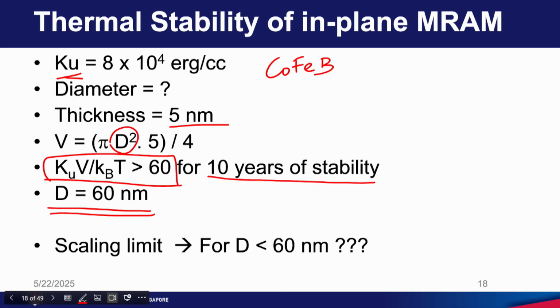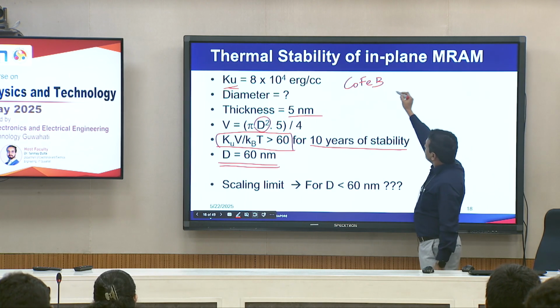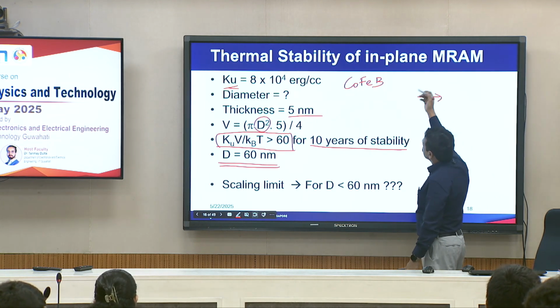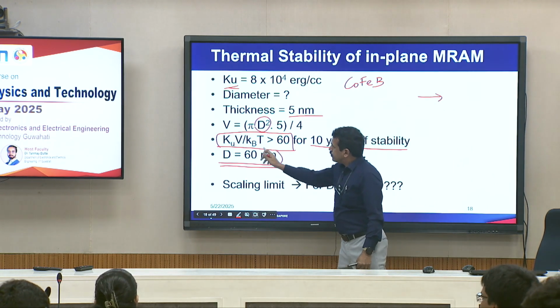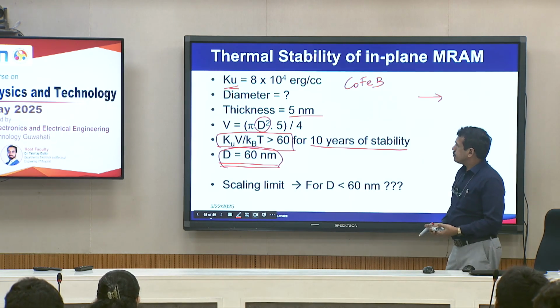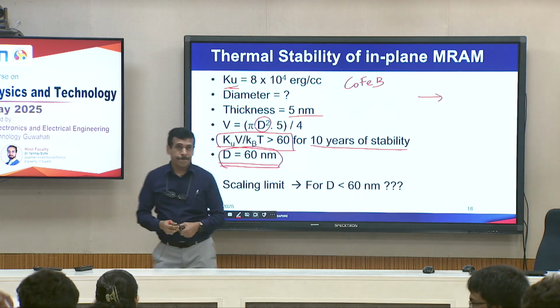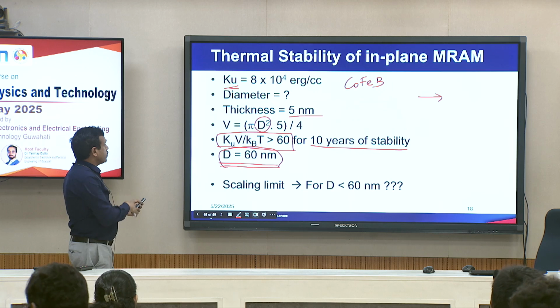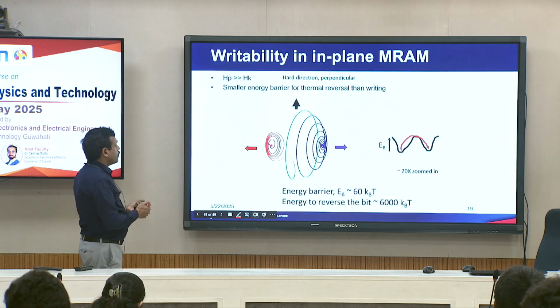So, what it means is that if you use cobalt iron boron with in plane magnetization for storing MRAM, you cannot achieve MRAMs below this diameter. So, this is the limit for in plane MRAM. So, that is one problem.